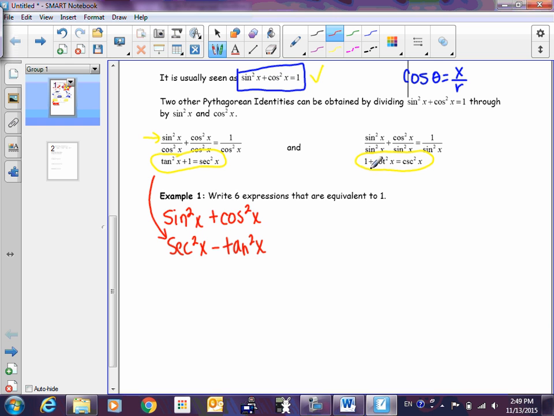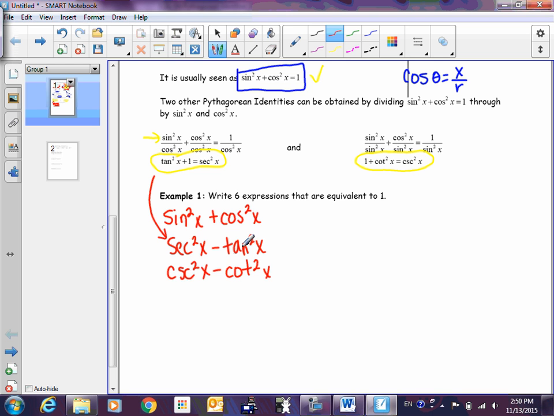And let's see if we can do something similar to this other Pythagorean identity. If we wanted to get the 1 by itself, we would need to do that. The whole reason we're doing this is because in the future, you might see one of these things, and what can you replace it with? A 1. And a 1 is really simple, and we like 1.